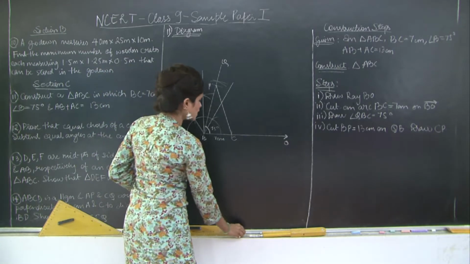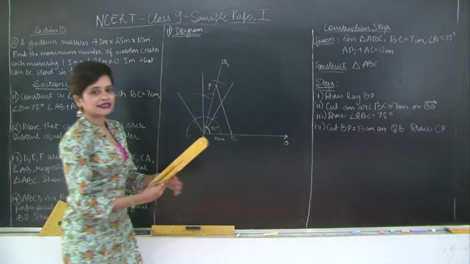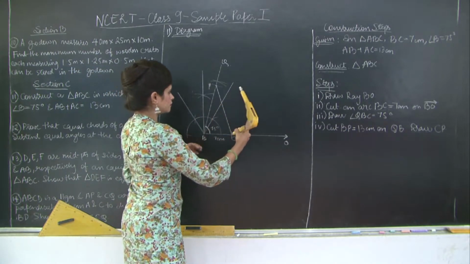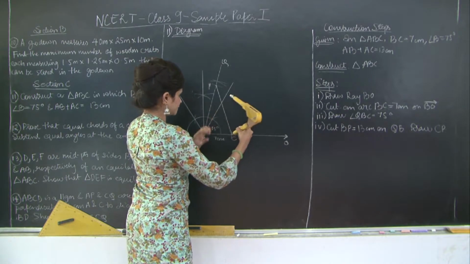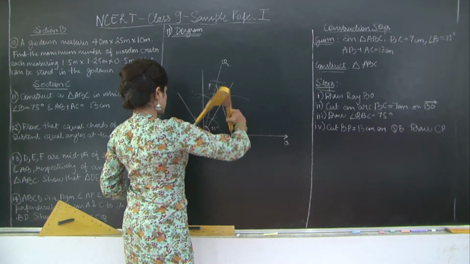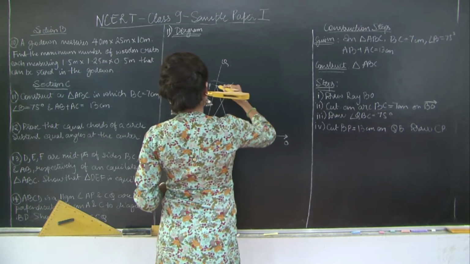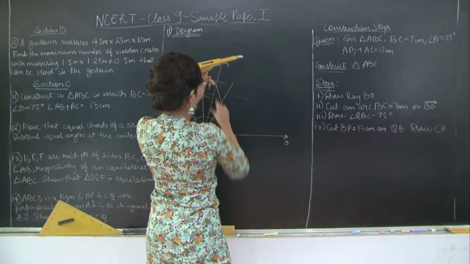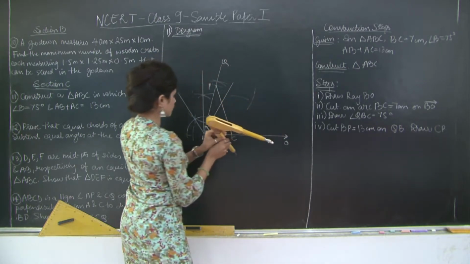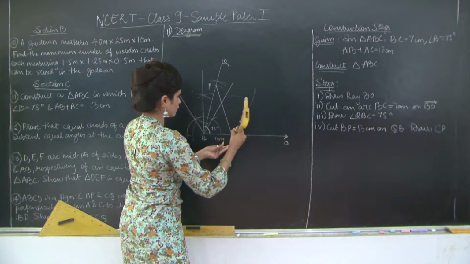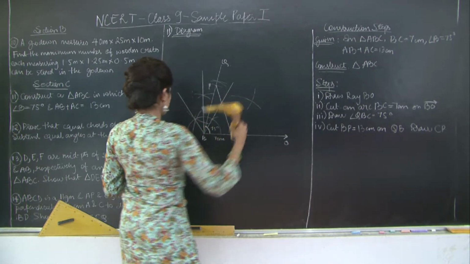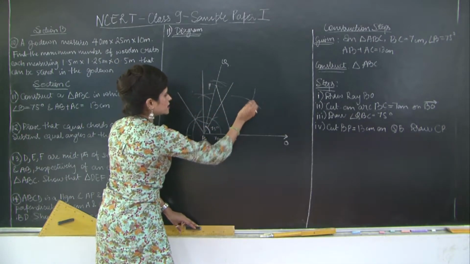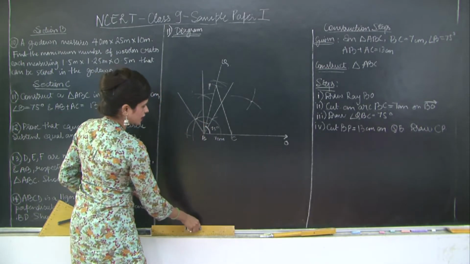What we are going to do is bisect the line segment CP. So let's bisect it. You have to be very careful while doing these constructions. This is my point out here and this is my point out here, which I need to connect.